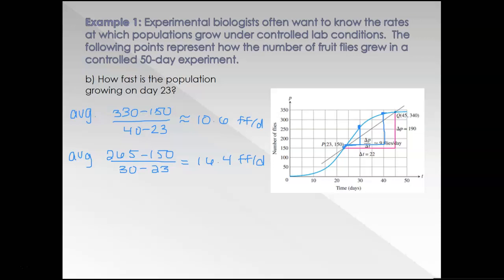Is my number of fruit flies per day increasing or decreasing? Increasing. Wouldn't you say that this line appears to have a steeper slope here than the slope there? So it should make sense that my rates are increasing, because the slope here is steeper than the slope there.